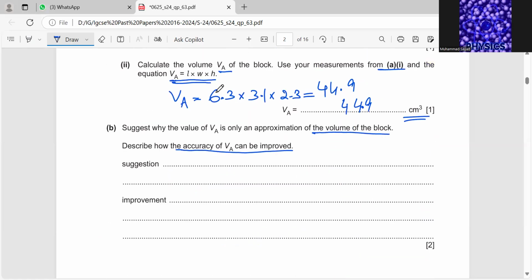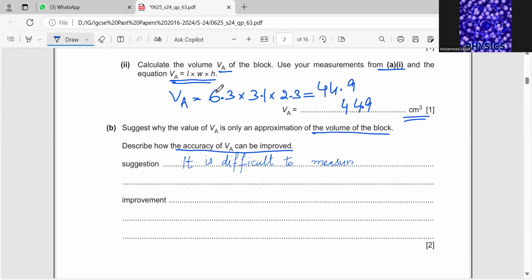We can write here that the suggestion is it is difficult to measure the irregular shaped sides. So what to do?